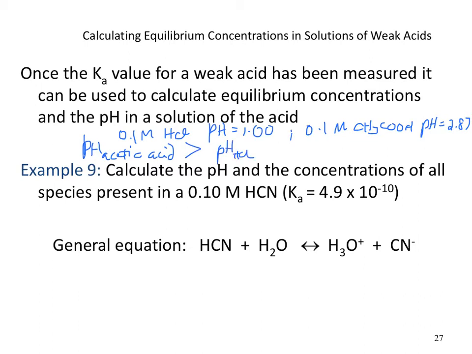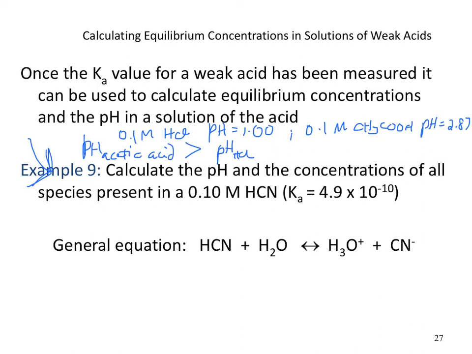And that makes sense because acetic acid is a weaker acid as compared to HCl. And in order to do the calculation, you can't quite just take the initial concentration of acetic acid as is. You have to actually work through a certain level of math. So we'll do that using HCN. The question is, calculate the pH and the concentration of all species present in 0.10 molar HCN.